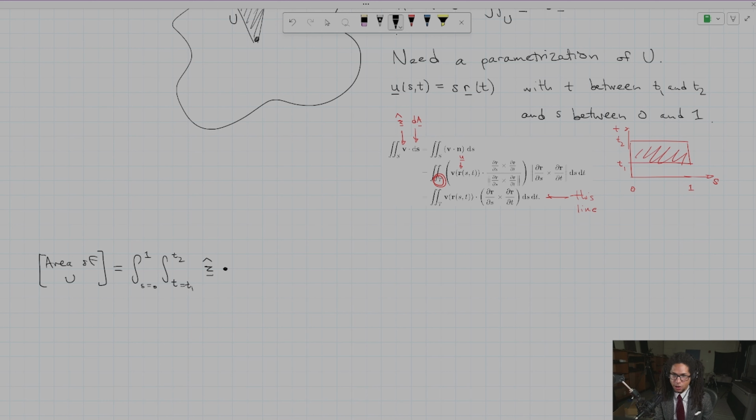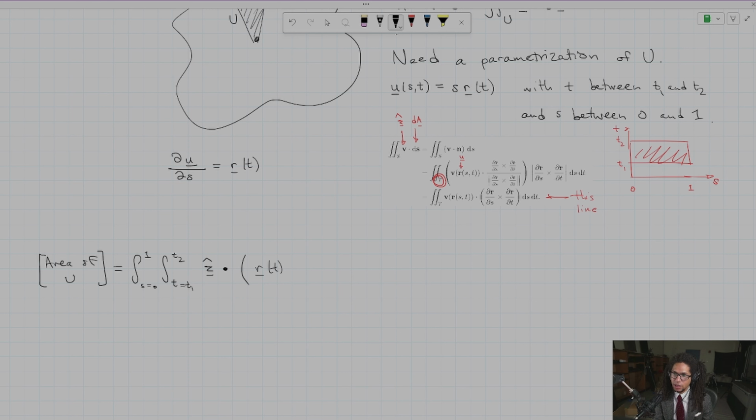Then we need to take a dot product. And we take a dot product with u with its partial taken with respect to s. Okay, so let's do that up here. The partial of the u vector field with respect to s, well, look, s appears as a linear factor, so that's just r of t. Okay, so r of t appears where Wikipedia's formula had dr ds.